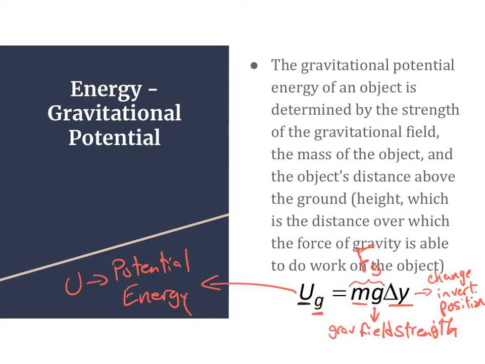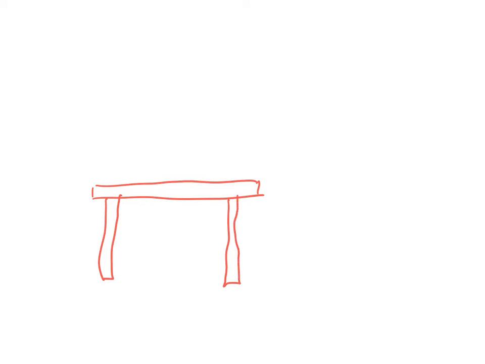The change in position is important because we're really focusing on the change in energy. And again, this ties back to our discussions on frames of reference and setting specific frames of reference. I can do the same thing with my gravitational potential.